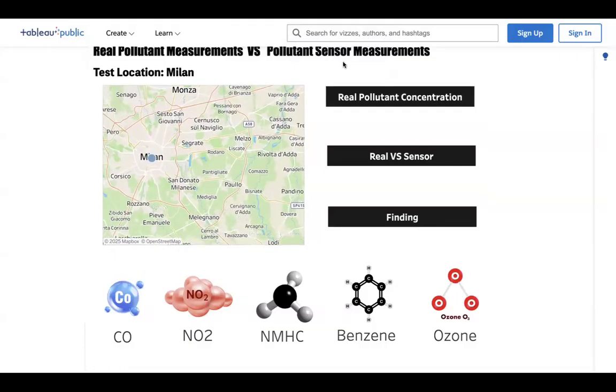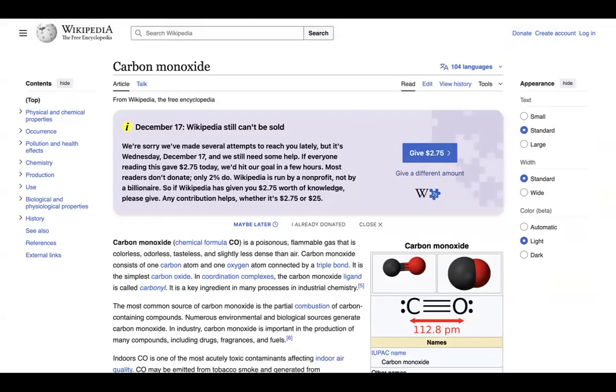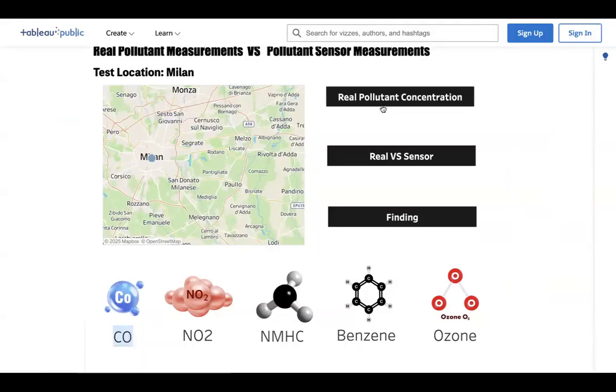For the first page, we have three sections: real pollutant concentration, real versus sensor measurement, and findings. Because there are many different chemical pollutants, to avoid confusing the audience, they can click on the name of a pollutant and it will go to the introduction of the pollutant.